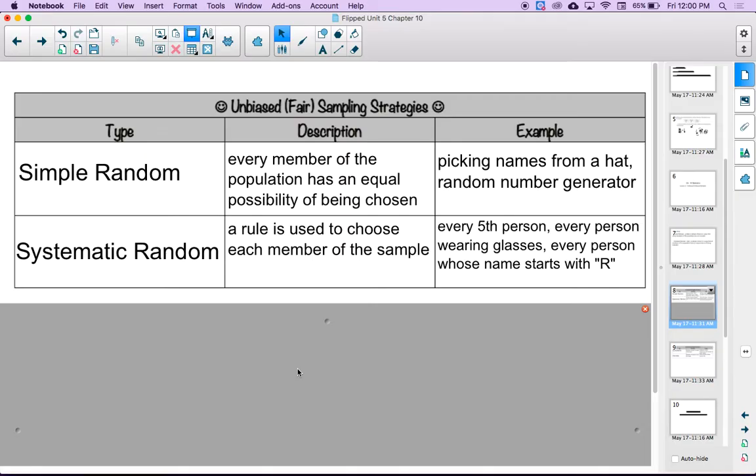Maybe every 3rd person alphabetically in a list of names. Every person wearing glasses. Every person whose name starts with R. You're choosing a rule before you look at your population, and you stick to that rule, and the rule chooses your sample. So these are both very good sampling strategies. They're called random in the title because random equates to being unbiased or fair.